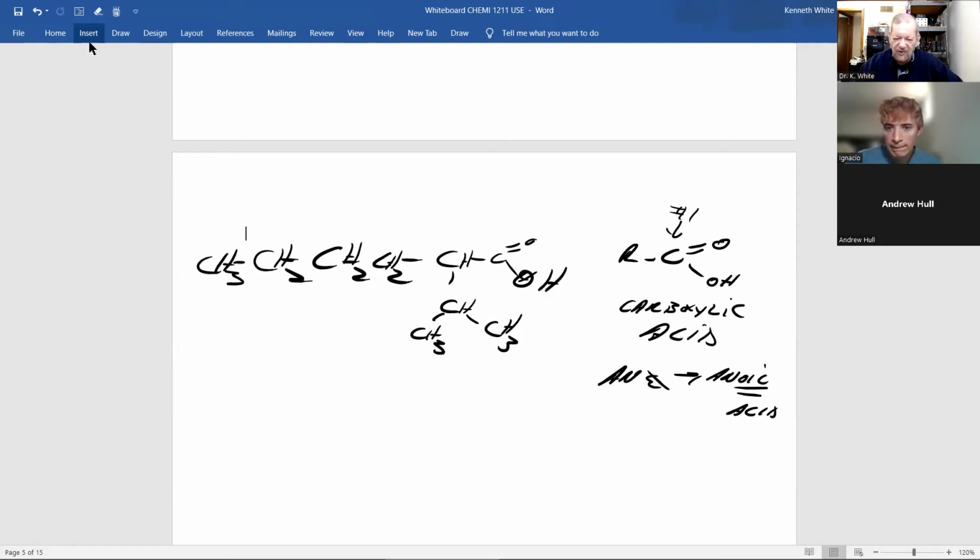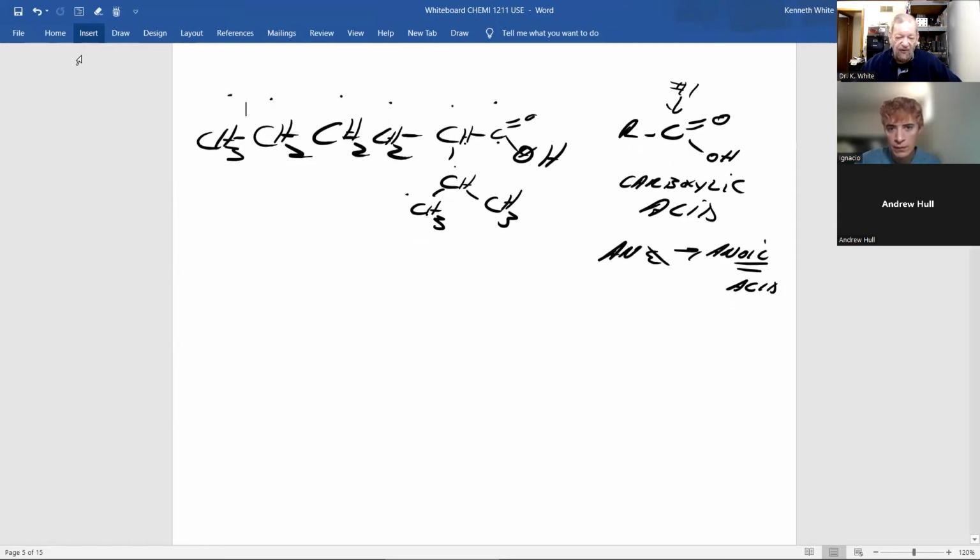So how many carbons in the longest chain? 1, 2, 3, 4. Oh, not bad. But 1, 2, 3, 4, 5, 6. Well, 6 is greater than 4. That's hexane. Drop the E, add OIC and the word acid: hexanoic.